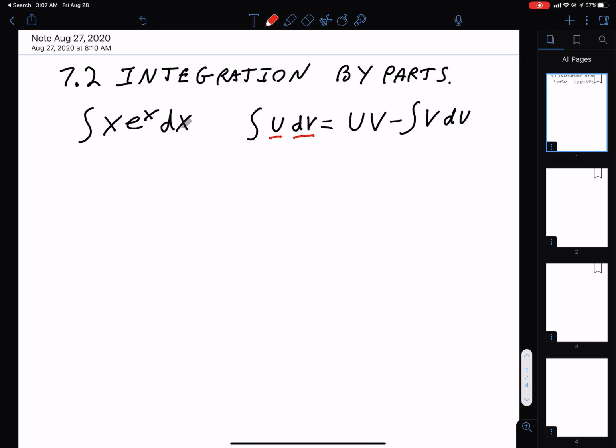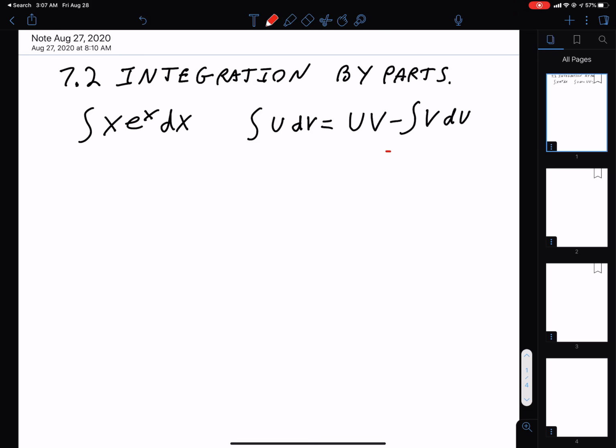So one of these with the dx, or the x with the dx, or the e to the x with the dx, or maybe only the dx all by itself will be our dv. But probably not all by itself, because then you're just changing the variable. You're not really helping yourself. So we will give you a secret of how to decide. In fact, I'll do it right now. So this is your integration by parts.